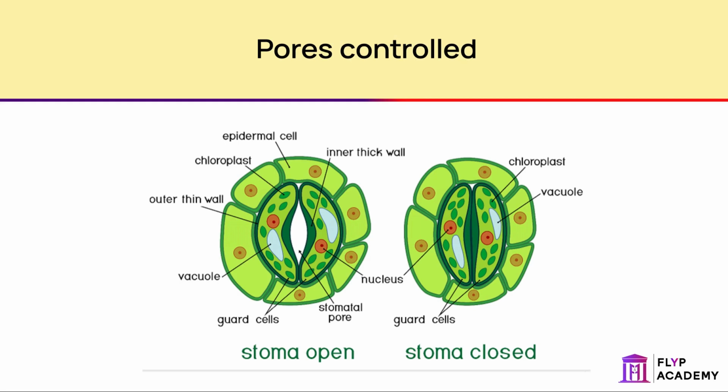Decreasing humidity. This is also to do with maintaining the concentration gradient. The drier the air, the larger the difference in water concentration, so the faster the rate of water loss. The converse, an increase in humidity, causes the rate of transpiration to slow down.